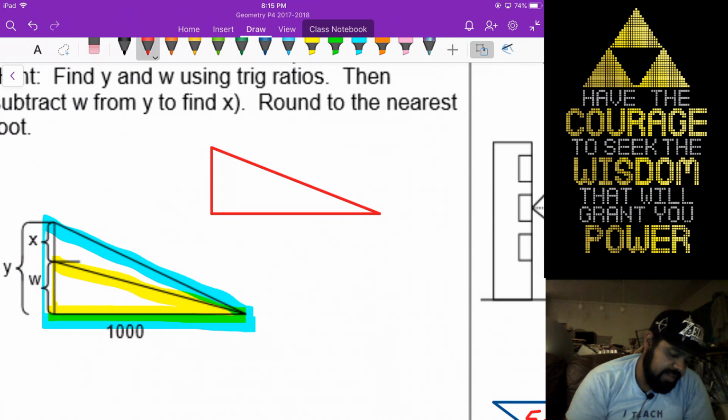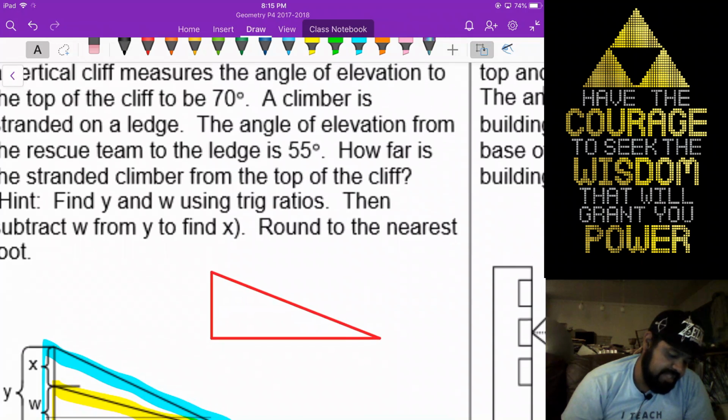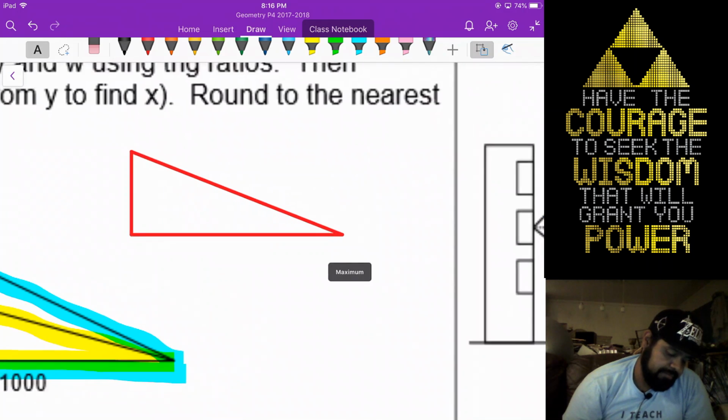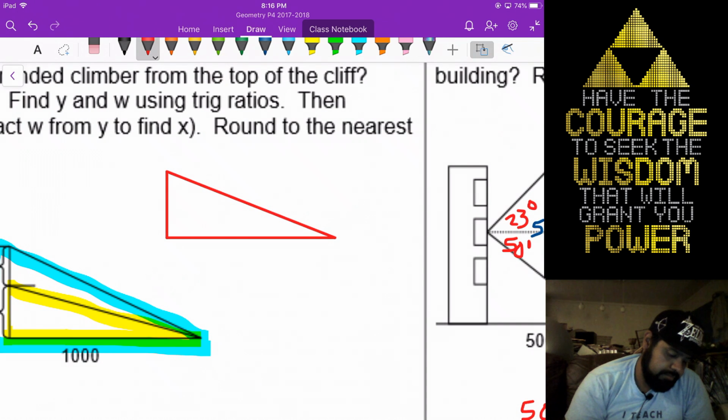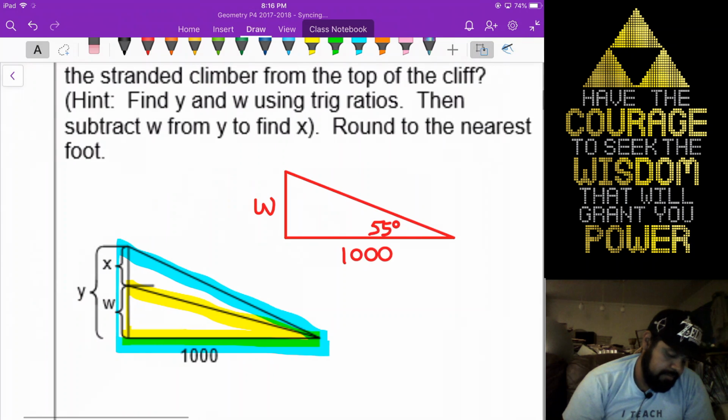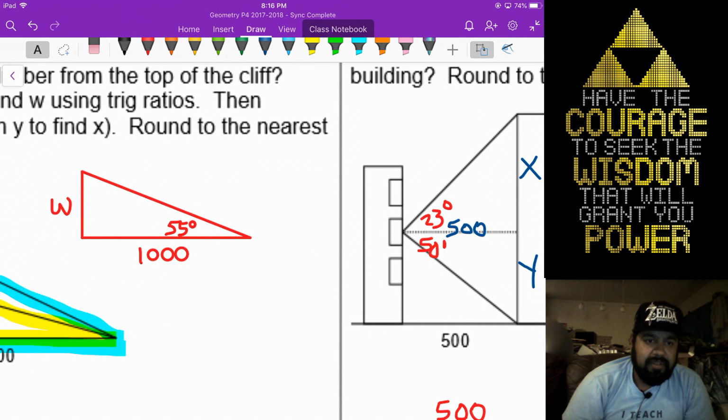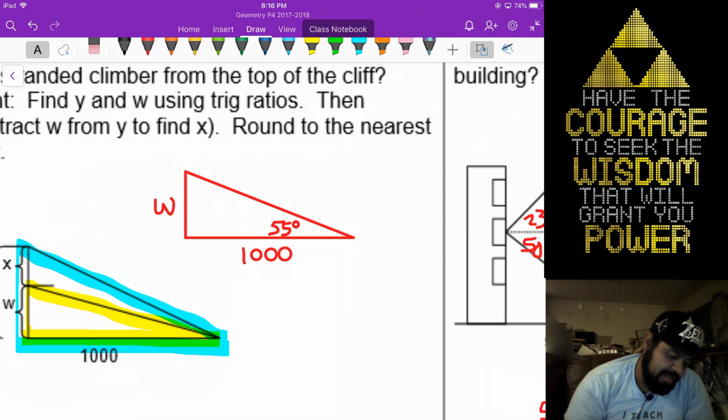Now for the small triangle, they give us the angle of elevation is 55 degrees. And we're solving for W here. So we're going to go ahead and set up our trig ratio.